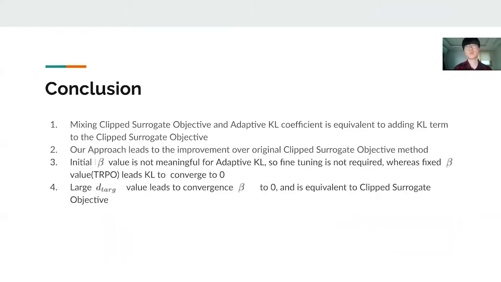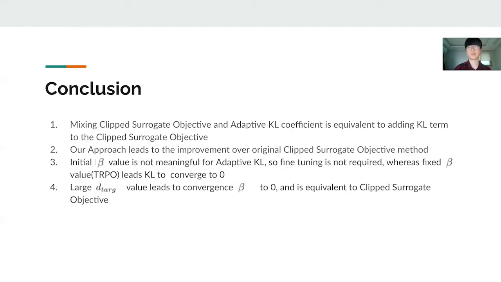To sum up, we studied how we can enhance the PPO algorithm. We proposed the linear combination of the loss functions, clipped surrogate objective and adaptive KL coefficient. We first mathematically verified that mixing two functions is equivalent to adding the KL term to the clipped surrogate.